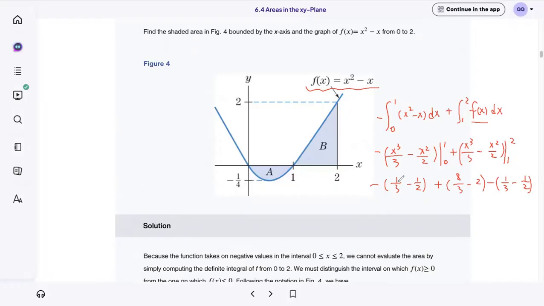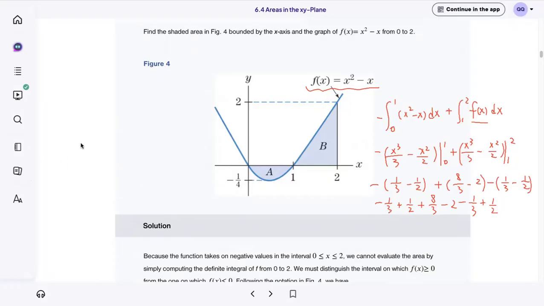So negative, 1/3 minus half. So negative becomes positive. So we get negative 1/3 plus 1/2. Then plus 8 over 3. Then minus 2, minus 1/3, minus becomes plus half. Right?